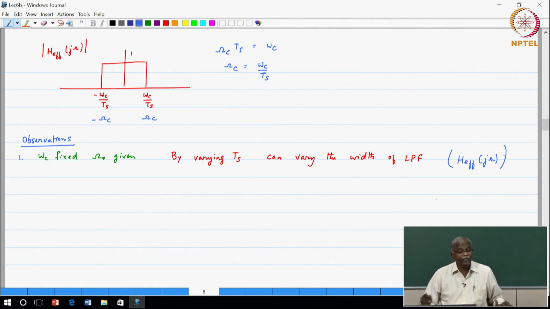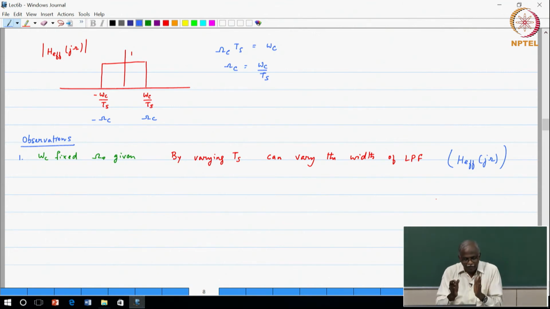This is actually one of the advantages of discrete time processing. Let us say you are not sure what bandwidth you need, where you need to cut off the continuous time signal, and you want to keep that flexibility but do not want to keep redesigning your analog filters. Then you would go into the discrete time domain, and the only thing you would need to choose would be Ts.